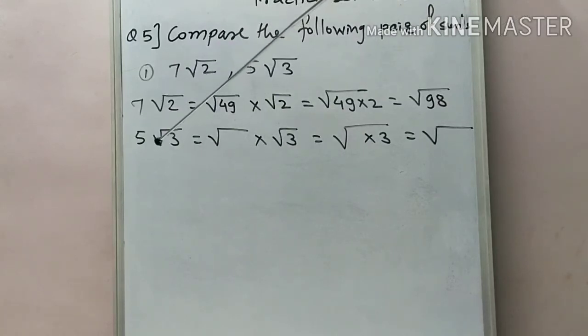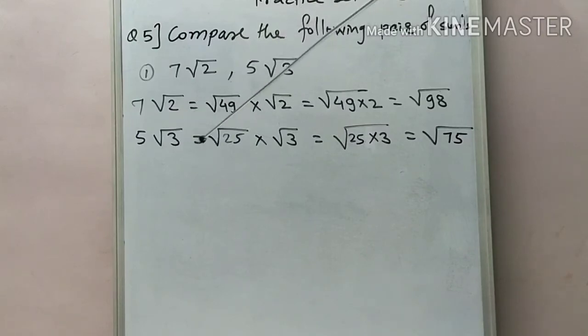Similarly we find the 5 root 3. 5 is the square root of 25. Okay, so simplify this and give me the value of 5 root 3. Is it correct? Square root of 25 is 5, so 5 we can write as root 25 into root 3.